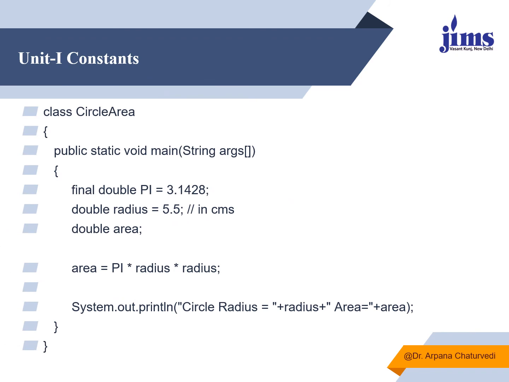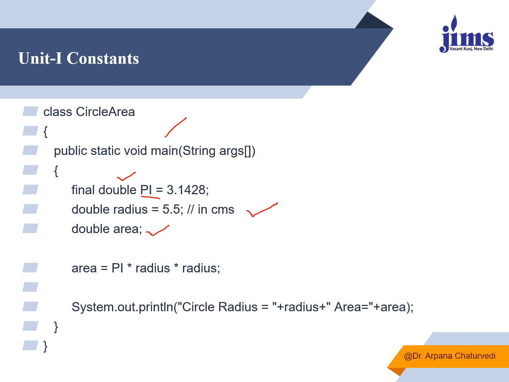Here I have created a class CircleArea within which there is a main function. I have used a variable pi as a constant over here. The data type is double. As pi is a constant variable, I have written it in capital. The value which is assigned to pi is 3.1428. As a normal variable, radius value is 5.5, data type is double, and another variable area is of double type.